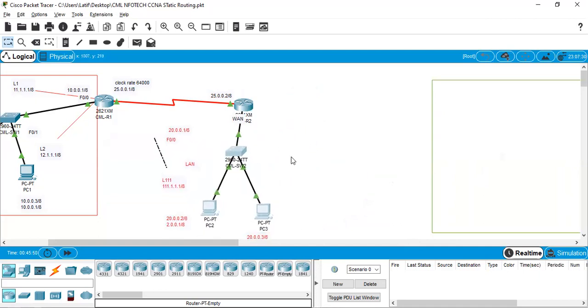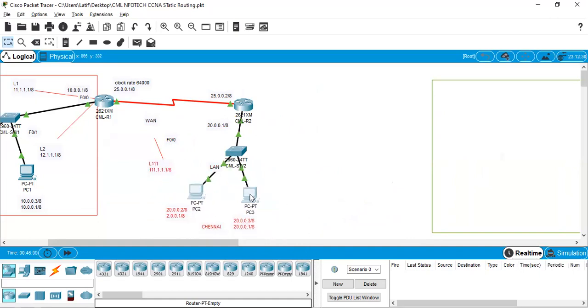This is your network 20002. This is your LAN 20001. So this is 111.